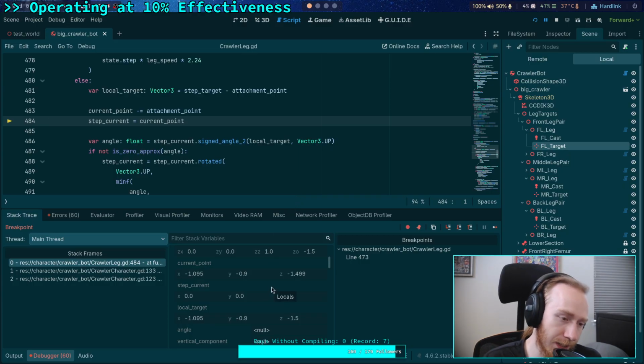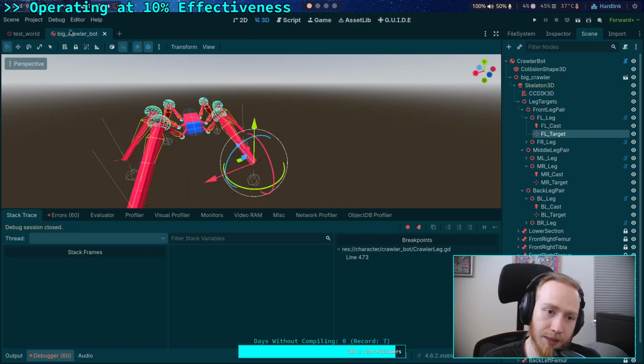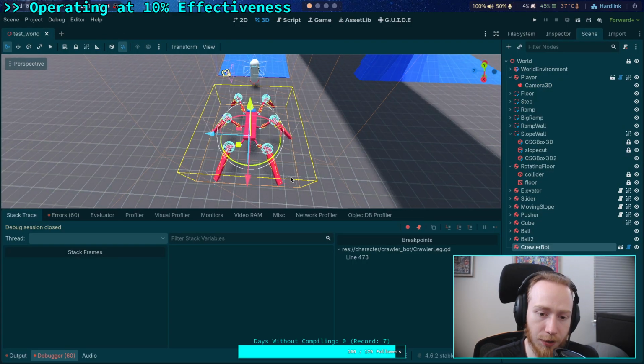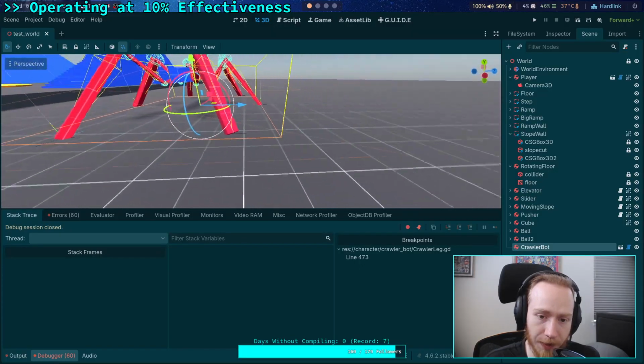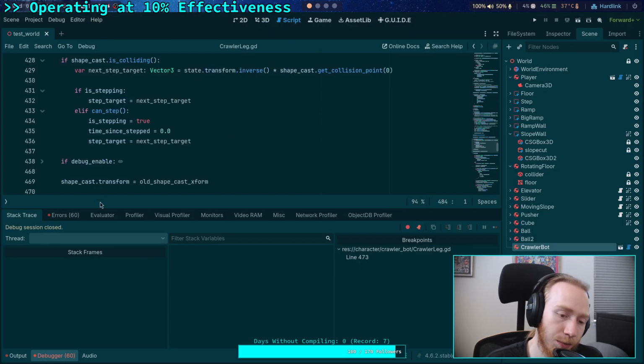Why is it trying to take a step, though? I kind of don't understand that. Why does this decide to take a step? I don't think this should be deciding to take a step. I think it should be not taking a step. Why are you doing that in the first place?